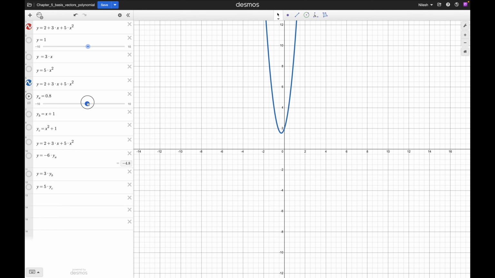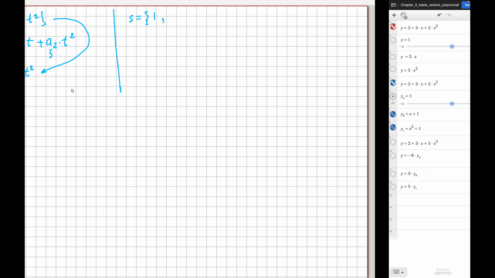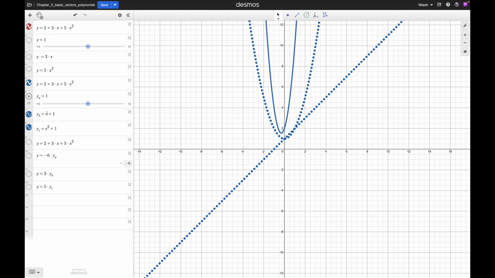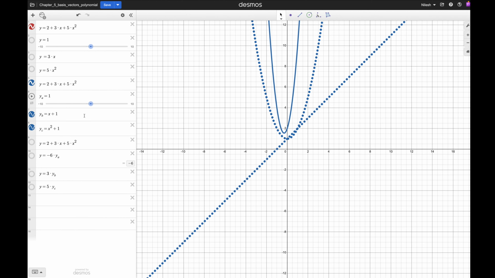So we just have that y is equal to 1. That's the one. Then we have this line, and then we have this line. So this is going to be 1 plus t, and then we have 1 plus t squared. So that's t plus 1 or 1 plus t, and x squared plus 1.